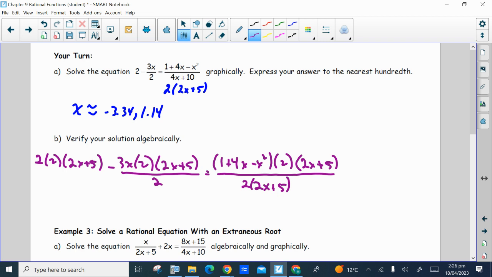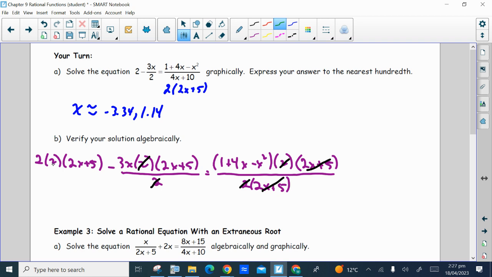So all the terms, the 2 on the left, the 1 on the right, are multiplied by the common denominator so that the denominators all cancel. And that is the whole reason why we use that step.